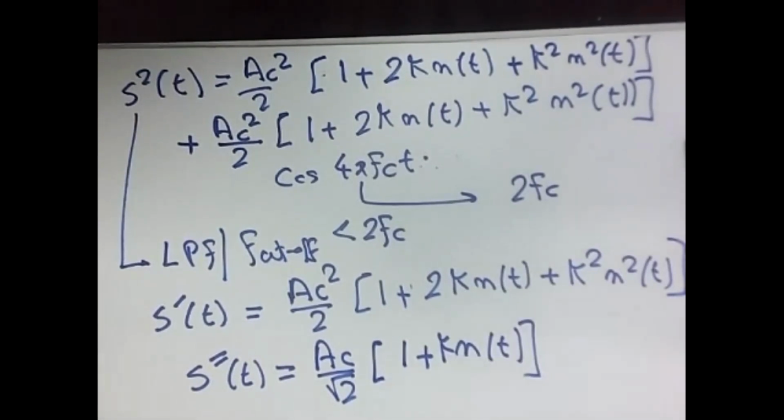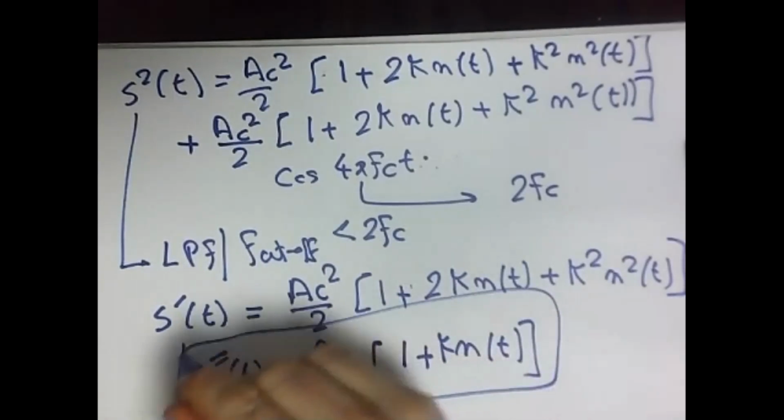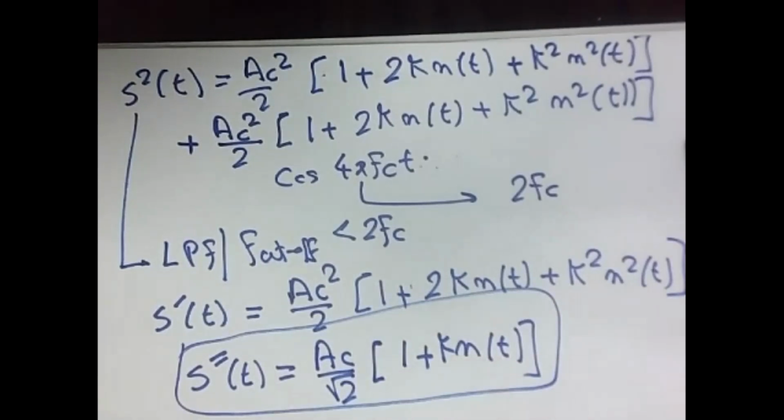So as you can see, now I have the message, but it's not only the message. I have the message multiplied by a factor k, which is the modulation factor I already adjusted in the modulator, if you remember, and also multiplied by another constant factor, Ac over root 2, and DC shifted by a value of Ac over root 2.